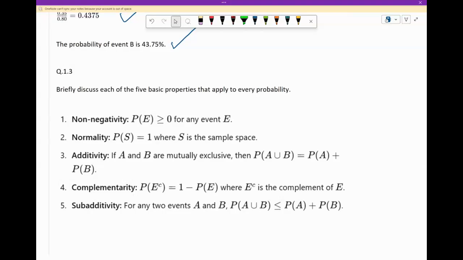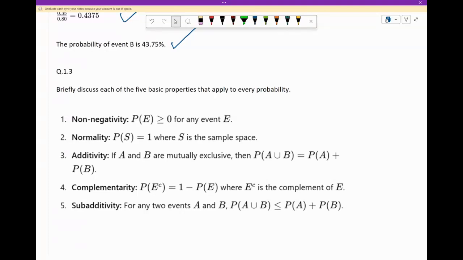Probabilities are non-negative. They can't be negative values. Remember, we're saying, what is the potential chance that this may happen? Then normality. What are we saying with normality? We're saying the sum of the probabilities over the sample space equals 1. Then additive.